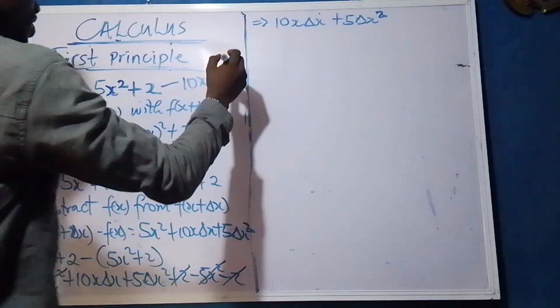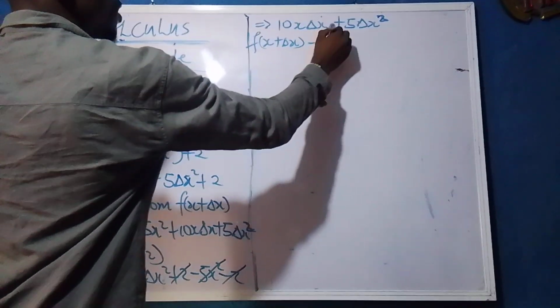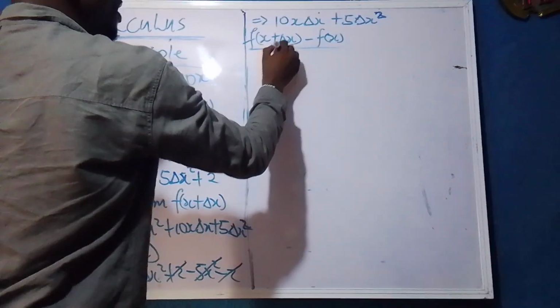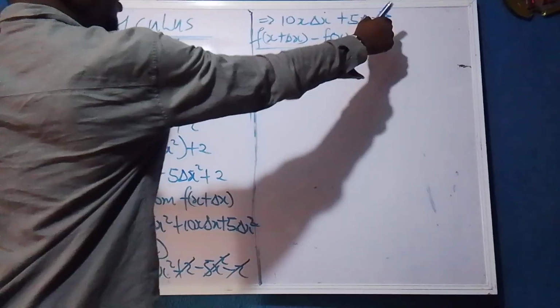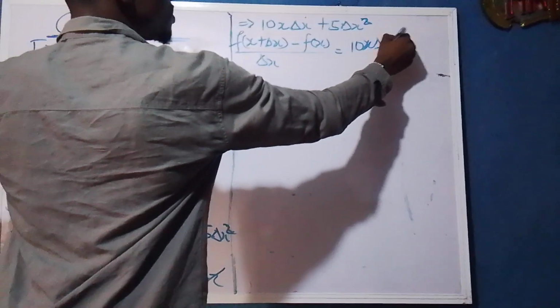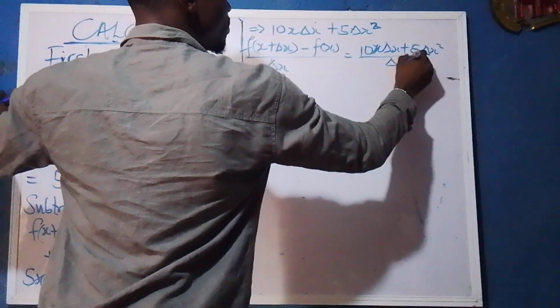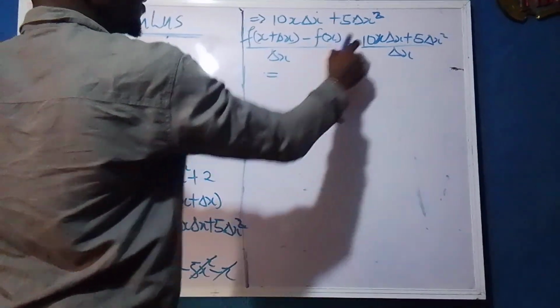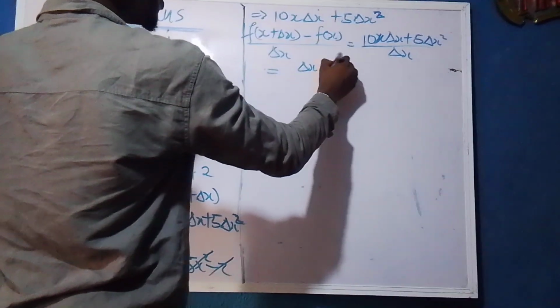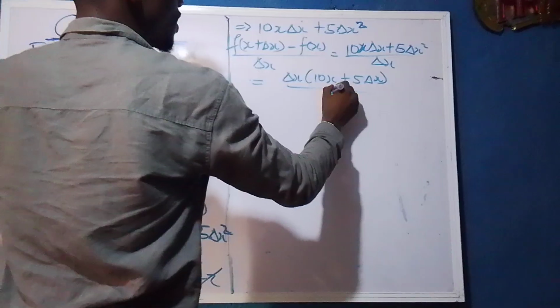So the next step to take is f of x plus dx minus f of x will be divided by your dx. So this value here will be divided by dx: 10x dx plus 5 dx squared all over dx. When you factorize out dx, you have dx bracket 10x plus 5 dx over dx.